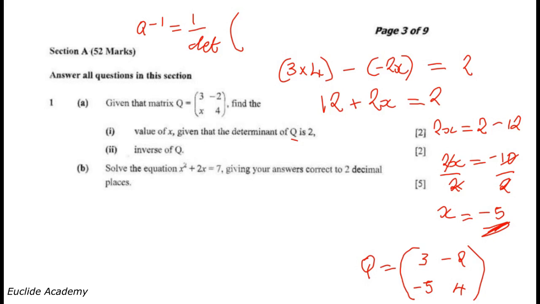We swap the entries on the main diagonal, 3 and 4. Where there's 3, you're going to have 4.